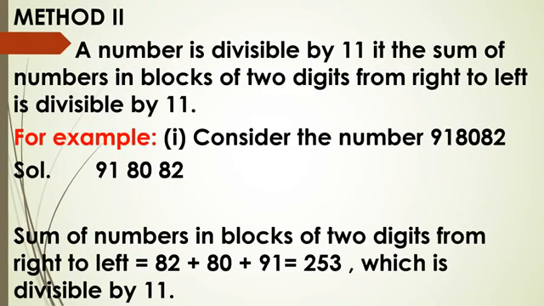Now add all these. 82, but remember, don't write it in opposite. Don't write 82 as 28. You have to write the complete block as it is. 82 plus 80 plus 91, which is equal to 253, which is divisible by 11. So if it is divisible by 11, then the number is also divisible by 11.